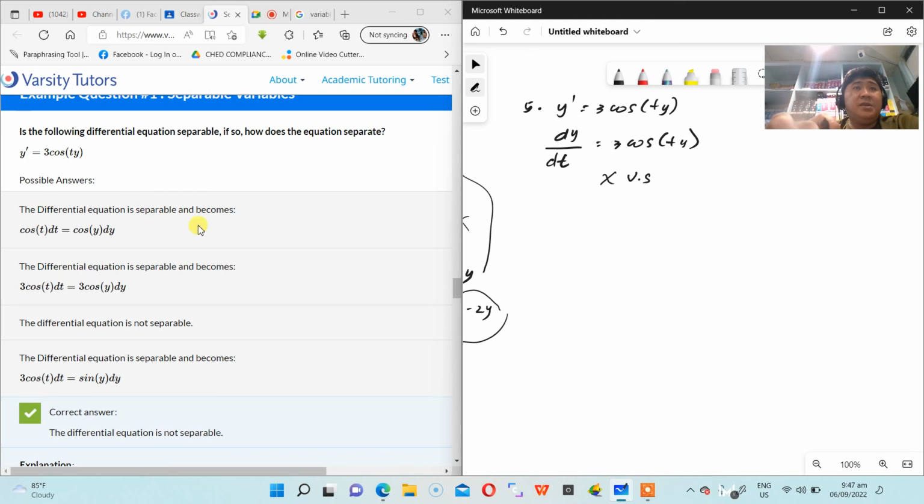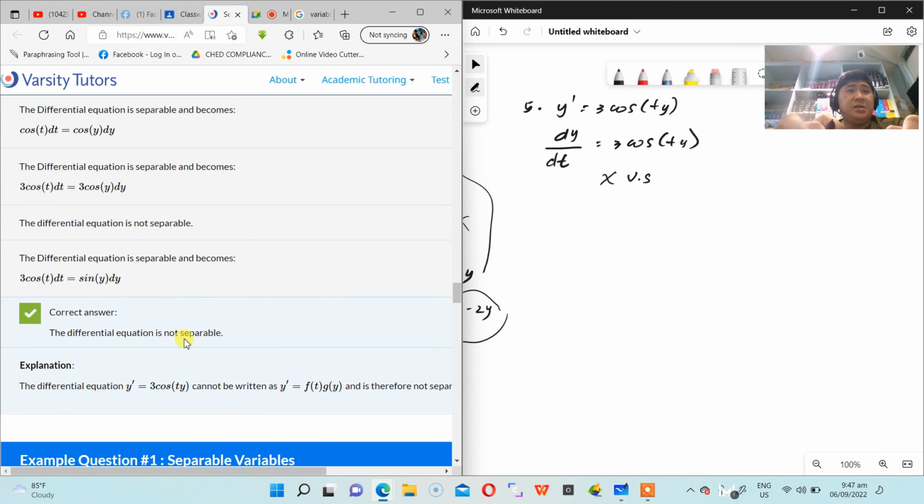Explanation here: is it separable? Obviously the answer is not separable since you cannot separate the equation into two. There is no way to do that. Even if you could separate it, when you solve it, it still will not be variable separable. A different method will be used.